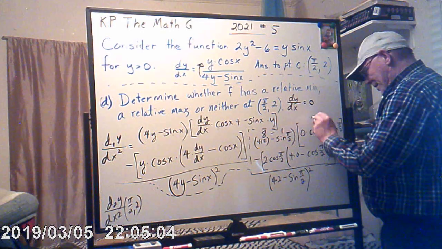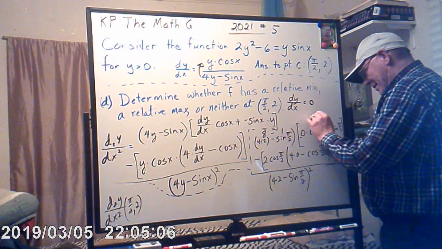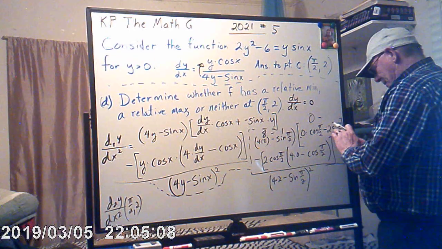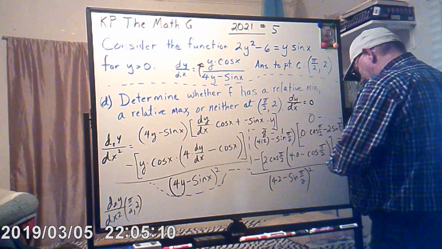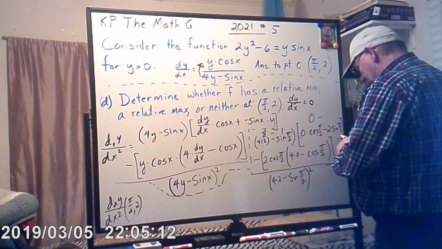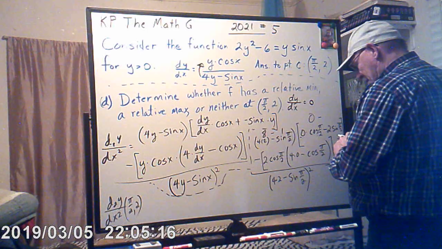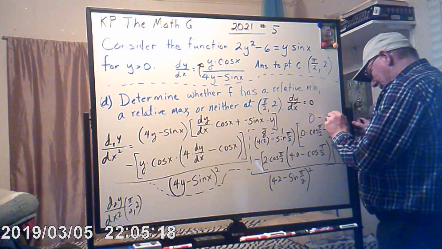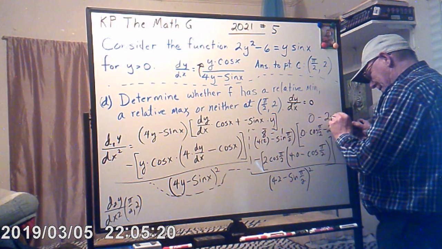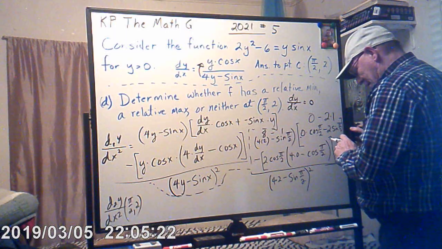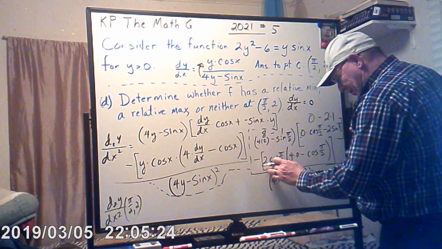Pi over 2 is 0, so 0 times 0 is 0. 2 times sine pi over 2 is 2 times 1 is 2. So minus 2 times 1. And then this is cosine pi over 2.